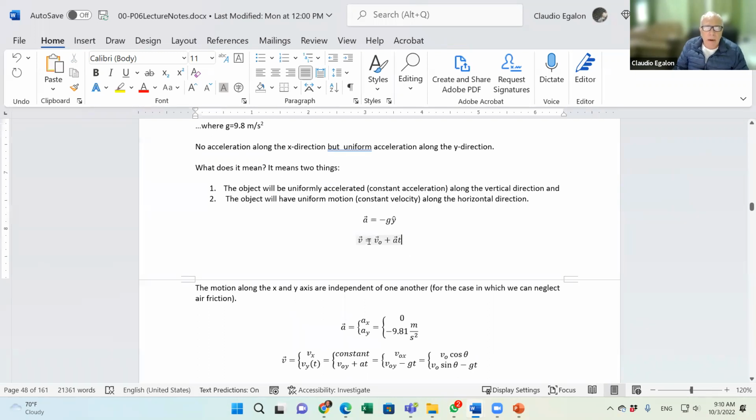What you see right in here is in reality two equations, okay? This is a vectorial equation only. Let me show you what it means. It is one equation along the x-axis and another equation along the y-axis.